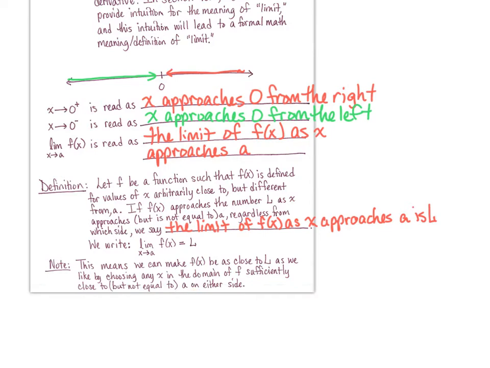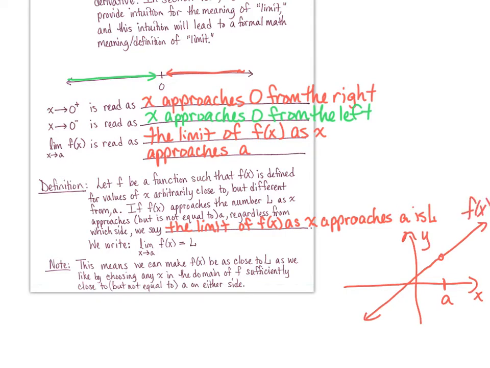Okay? So if you have a function, graphically, if you have your xy axis, you have a value a, and then you have a function, you might have something like this, okay?